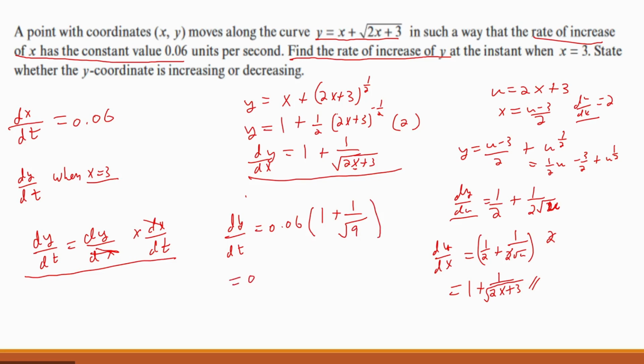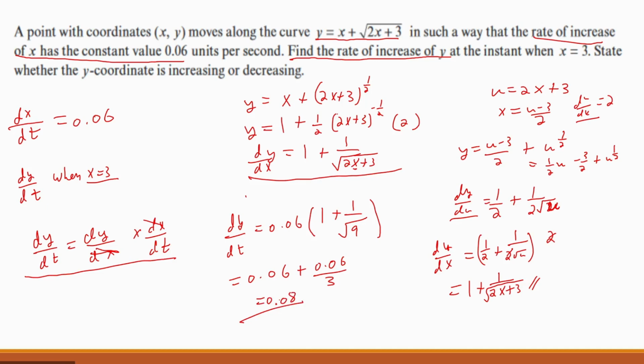So this is supposed to be 0.06 plus 0.06 over 3. Let me just solve it on the calculator. So 0.06 plus 0.06 over 3 gives me 0.08 as my final answer. This is going to be your dy over dt, or the rate of increase of y.